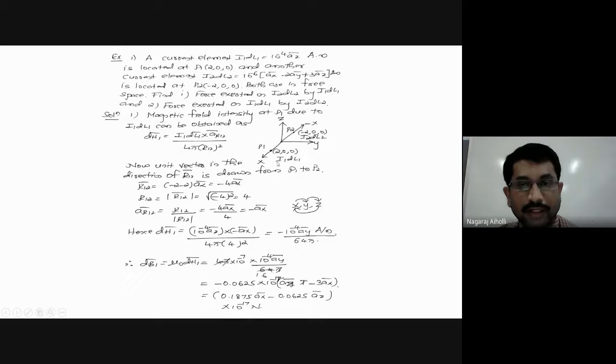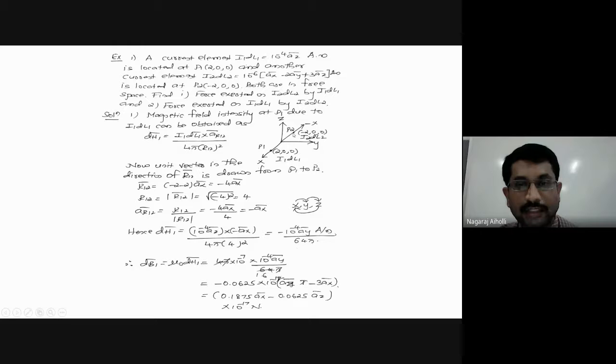I1 DL1, the current element, into AR12 bar, the unit vector from 1 to 2, source is 1, destination is 2, divided by 4 pi R12 square, that is the distance from 1 to 2. Okay. Now the unit vector in the direction of R12 bar is from P1 to P2. The distance vector is R12 bar, that is 1 to 2. Destination is P2, source is P1. Minus 2 minus 2 will be minus 4 AX bar.